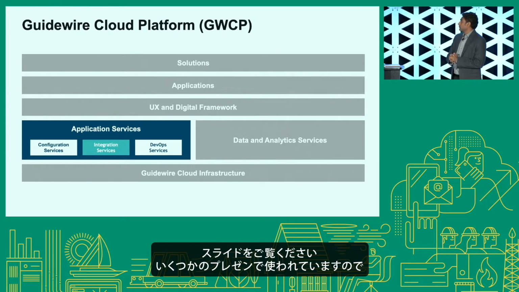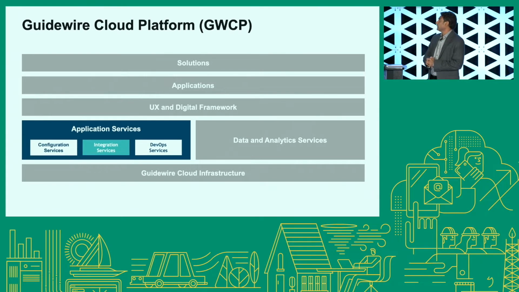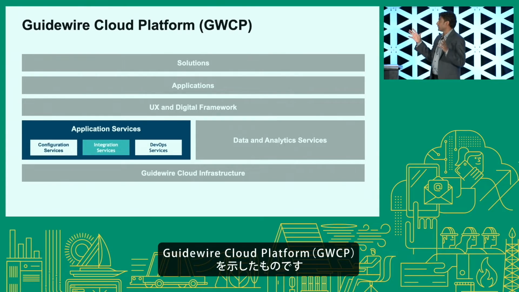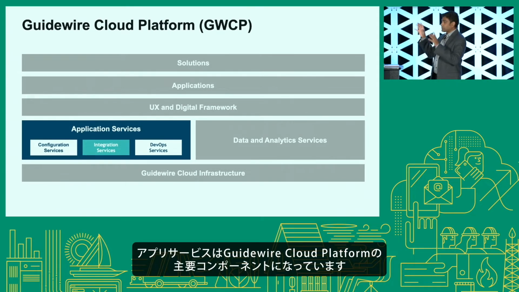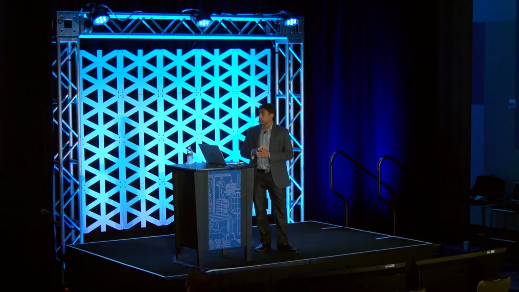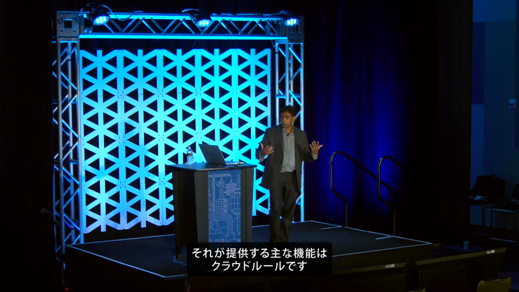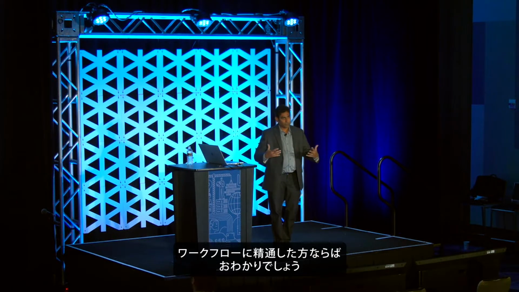You may have seen this before in several presentations we have here. This is the Guidewire Cloud Platform, also known as GWCP. App services, or application services, is one of the main components of the Guidewire Cloud Platform. Mainly, the capabilities it provides are cloud rules, if you're familiar with them, and workflow.